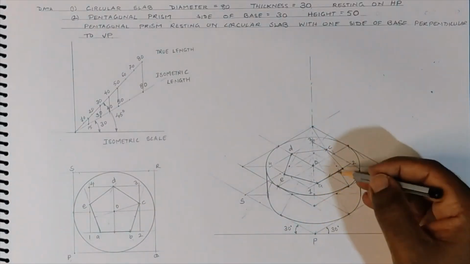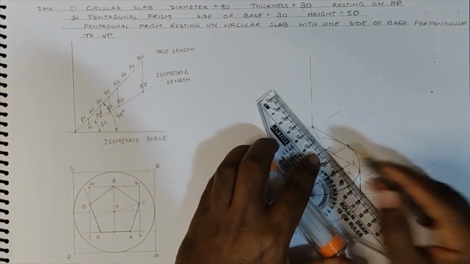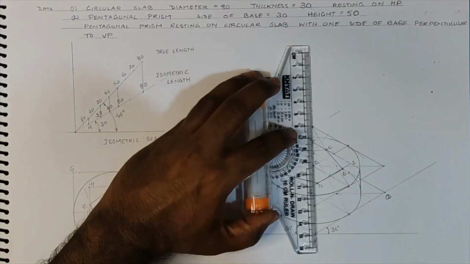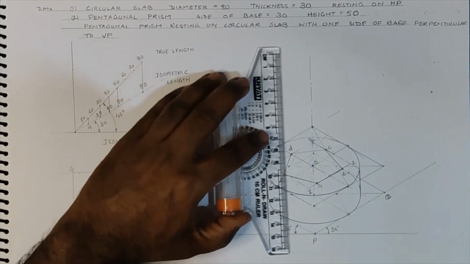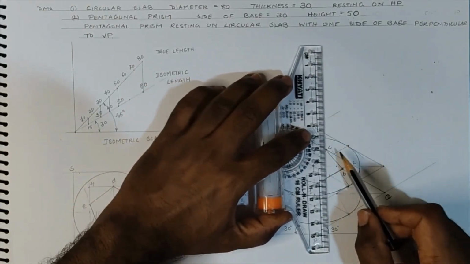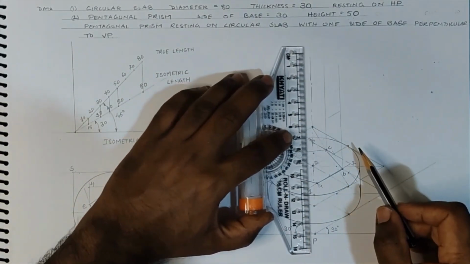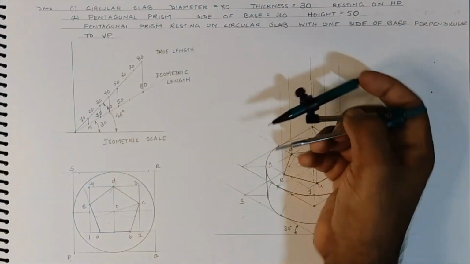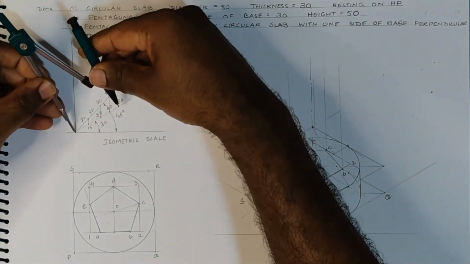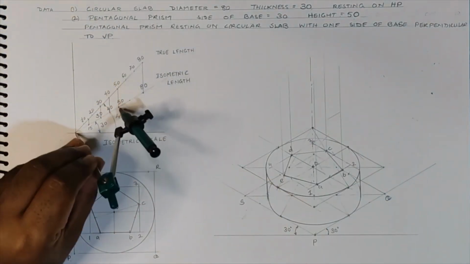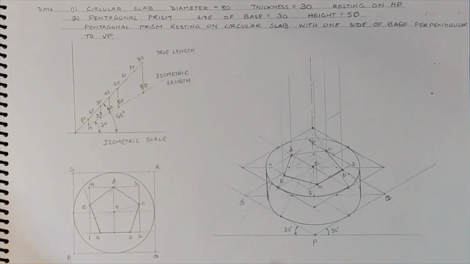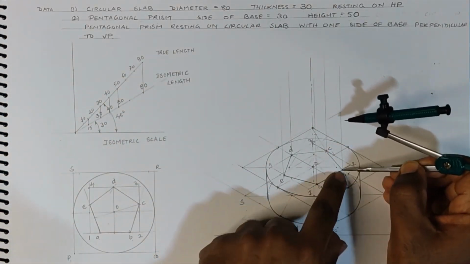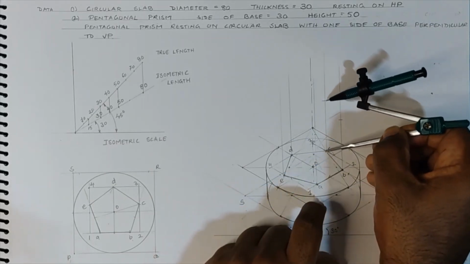So I have got the pentagon on the top circular face, and through these corners I will be drawing verticals. The height of the pentagon is 50, so I will be taking the distance of 50 on these vertical lines. Now I take the distance of 50 mm, which is the height of the pentagonal prism, on my compass, and I mark distances on the verticals drawn through the corners of the pentagon.